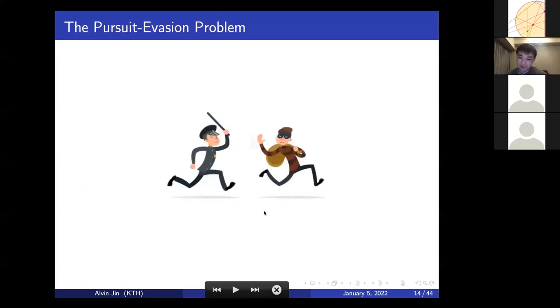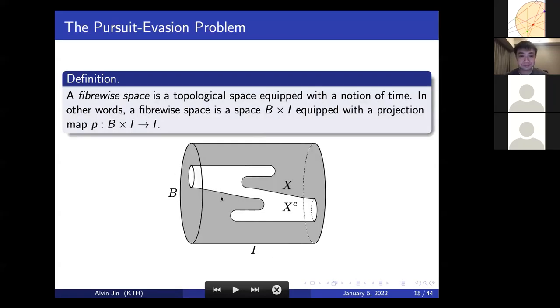So we've described the preliminaries necessary to tackle this problem now. The first thing I need to tell you about is a fiber-wise space. This is a cylinder right here. A fiber-wise space captures what a space looks like at certain points in time.